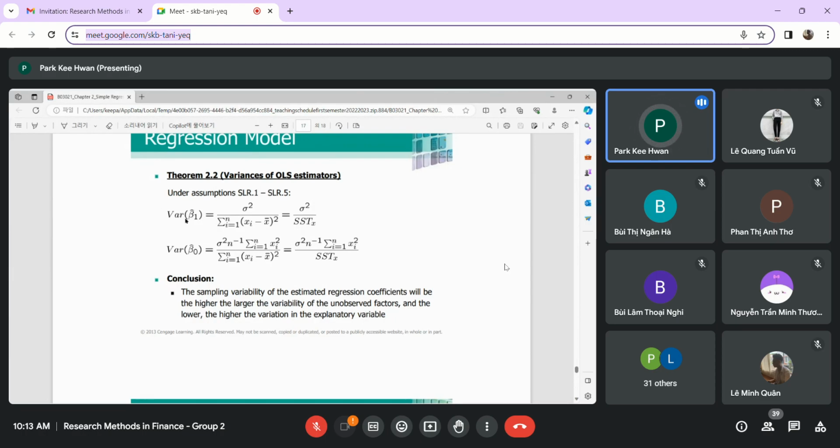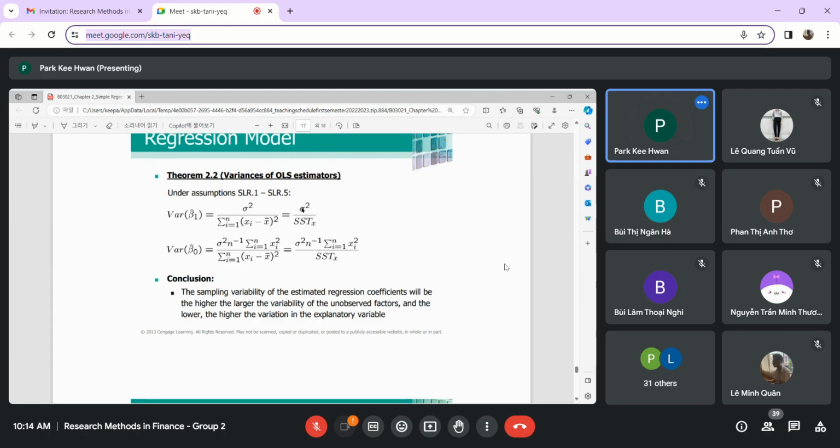So the variance of beta 1 hat is the ratio of sigma square, the variance of the error ui, a population parameter we never know.